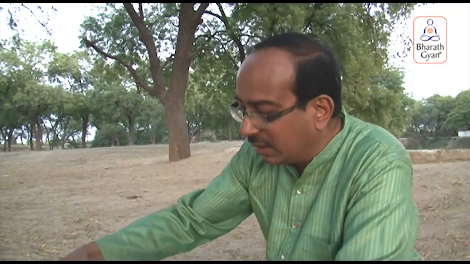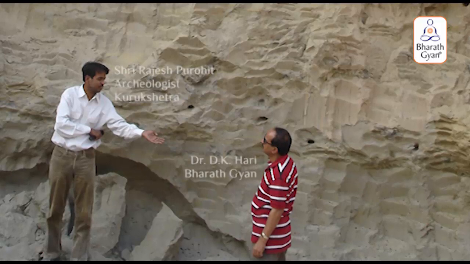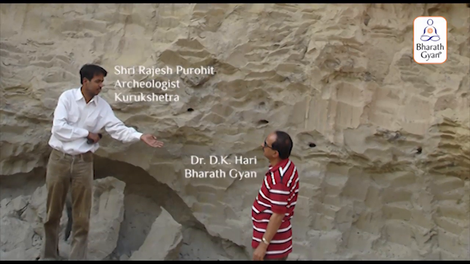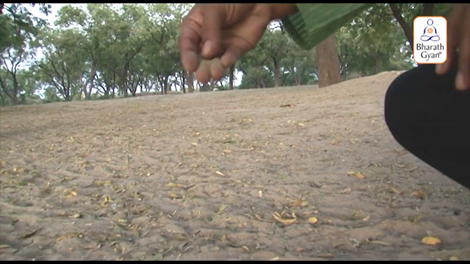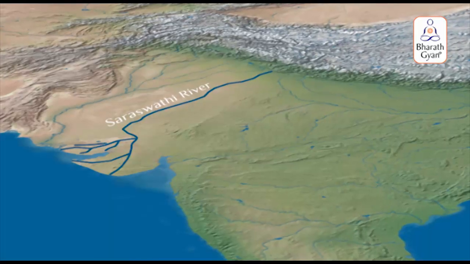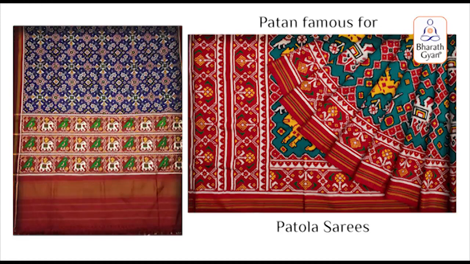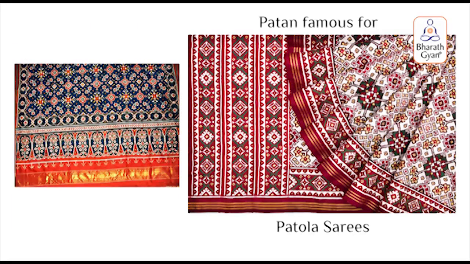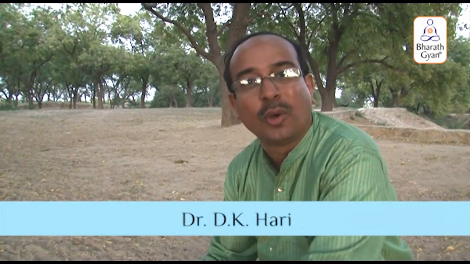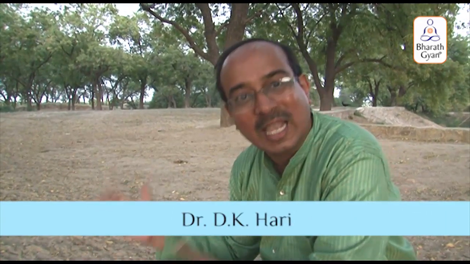It's the same thin soil that you see in Adibadri, the same soil at Kurukshetra, the same soil that you are seeing here at Patan in Gujarat. This shows that along this river bed, it is the same soil.